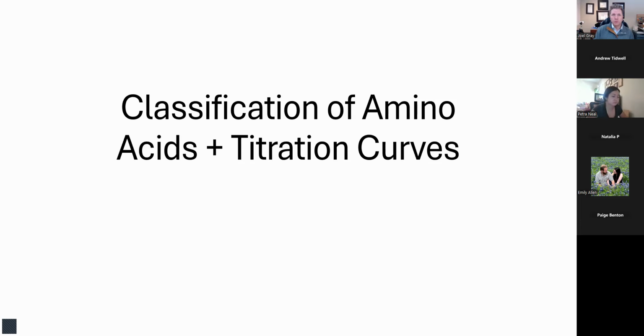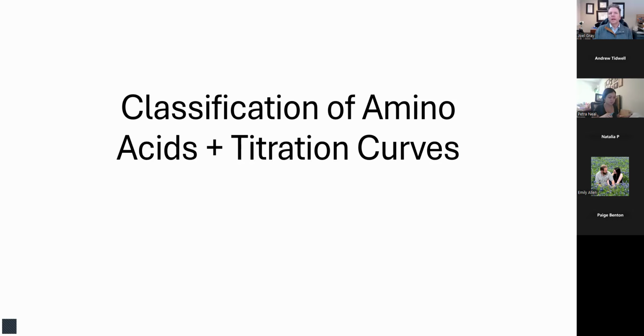Can my body produce these, in which case they are non-essential, or do I need to consume these as a part of my diet, in which case they are essential amino acids because you have to get them from an outside source.